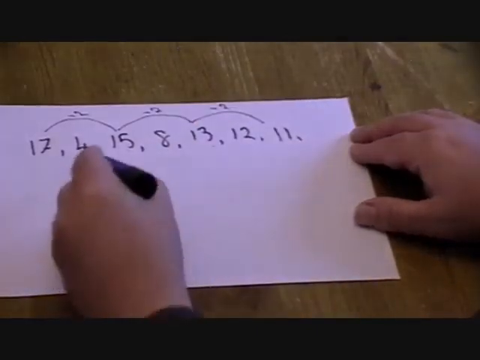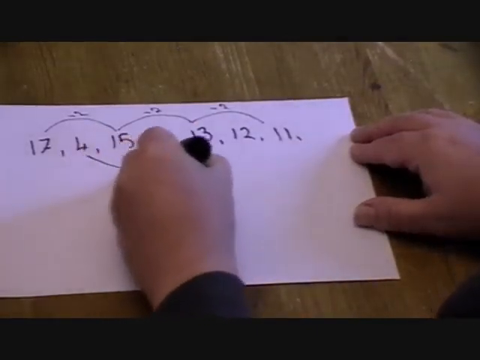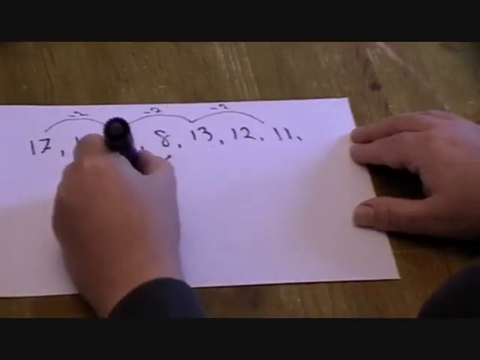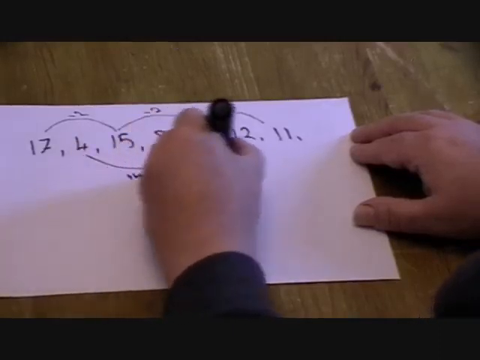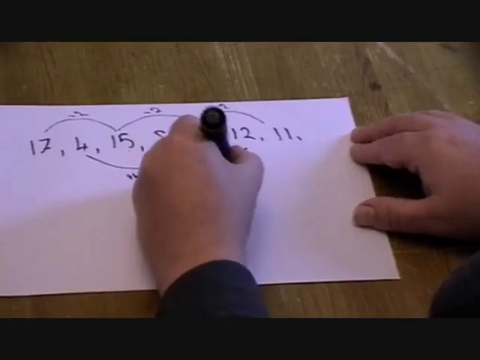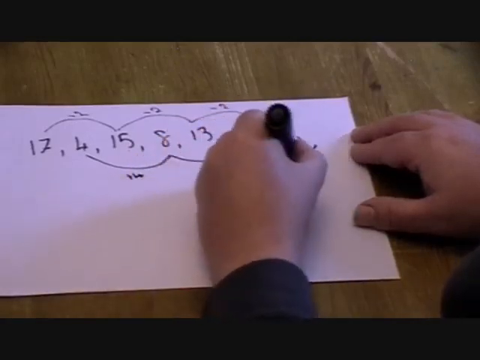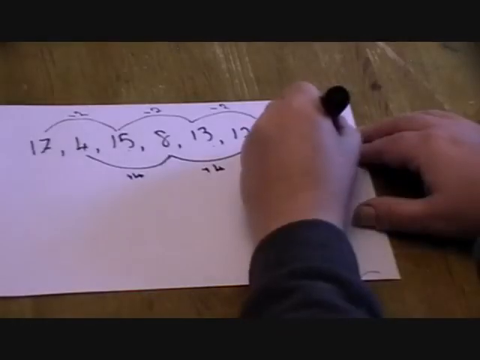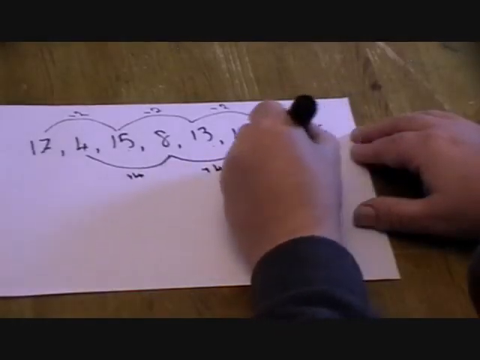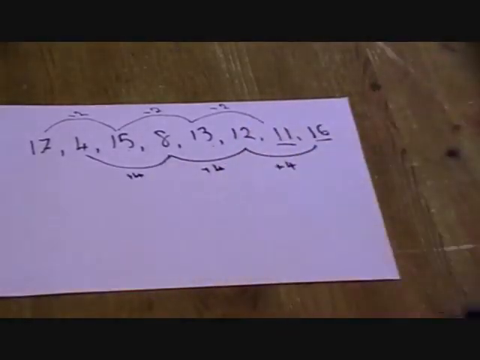If I need to find the next sequence as well, I go from 4 to 8, which is plus 4, 8 to 12, plus 4, 12, plus 4 is 16. And now I have my 2 next numbers in the sequence.